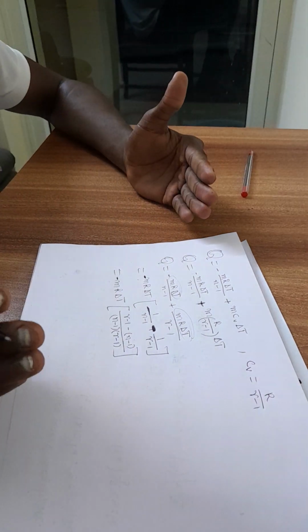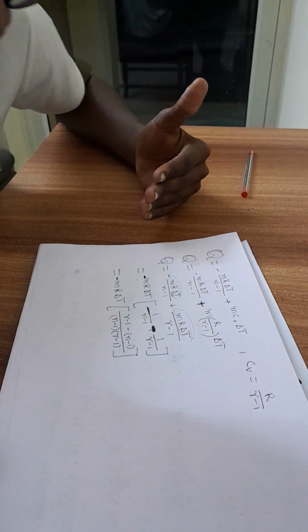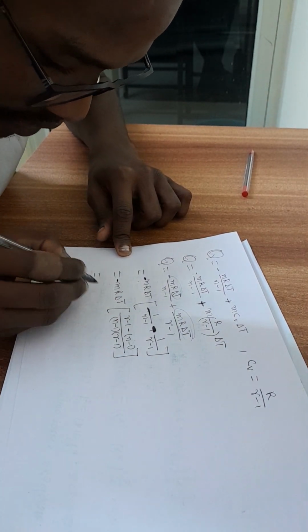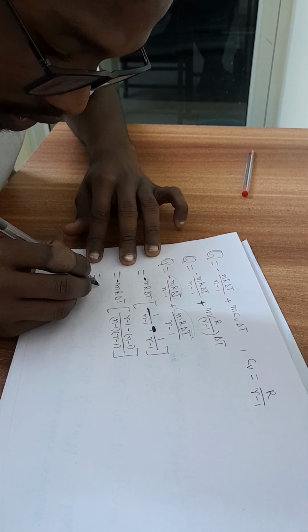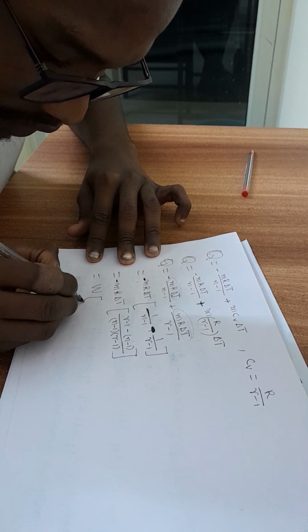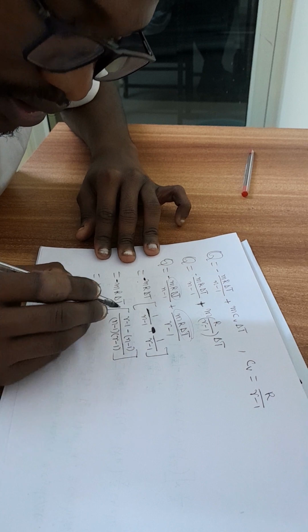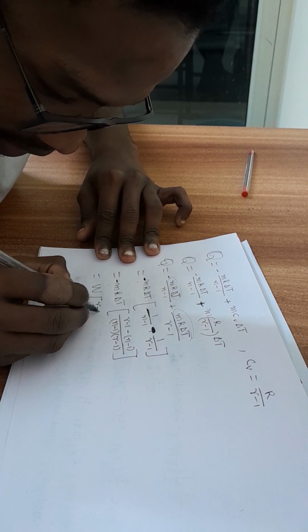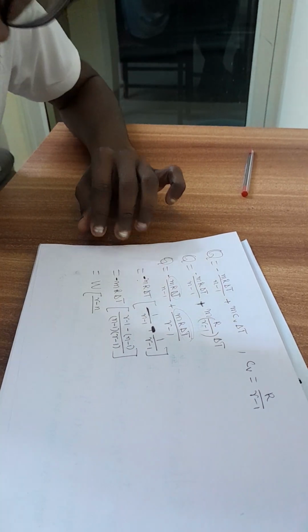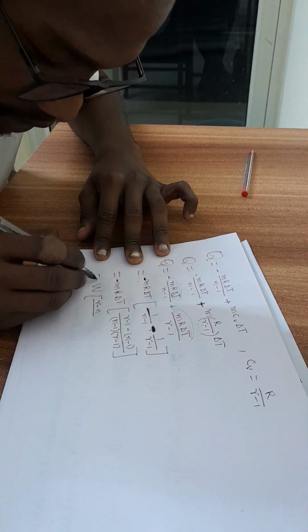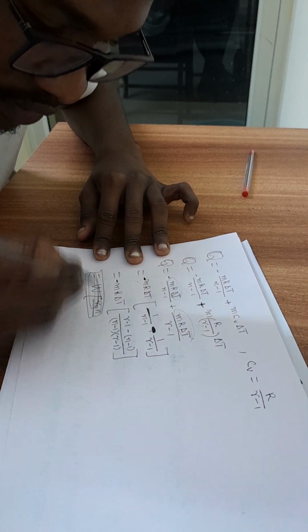Just solve this one. This is work done, and here you get minus 1 and plus 1. This will be gamma minus n upon, sorry, not this one.